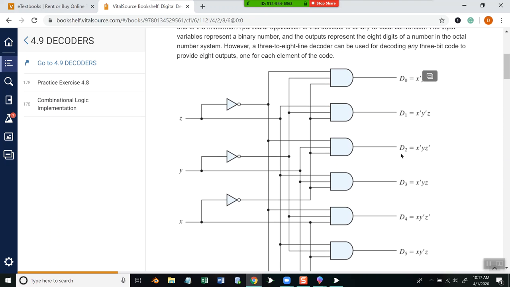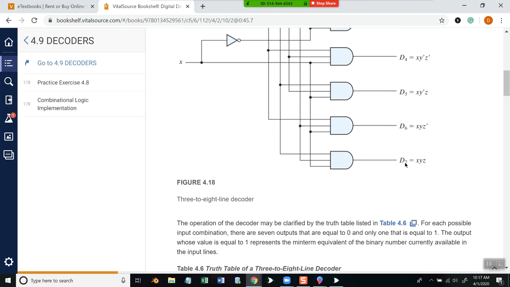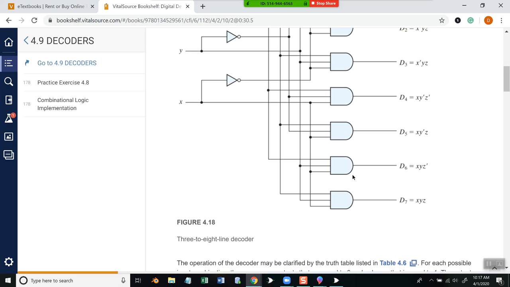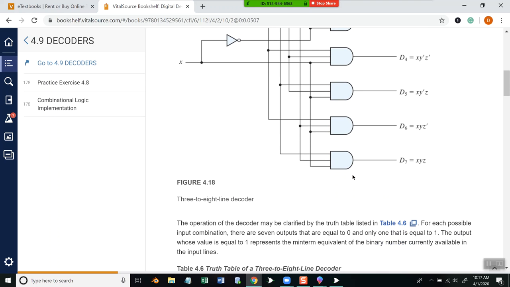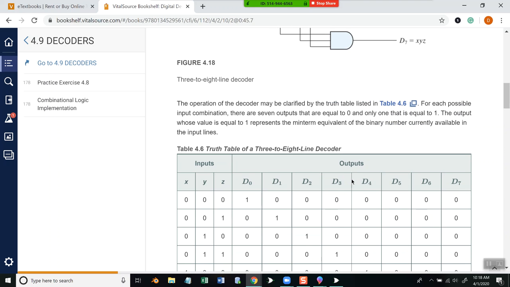This is D0 through D7, which is what our octal is. Oh well, I guess I don't worry about that.